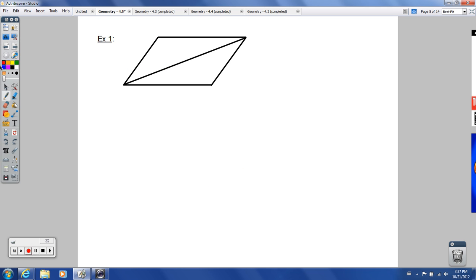So let's start off with this. Have your different colors out. Be ready to use some different colors. However, to start, let's just do this in pencil. Everything you see here, put in pencil to start. So I'm going to have parallel sides right there and right there. I'm going to have parallel sides right here and right here.